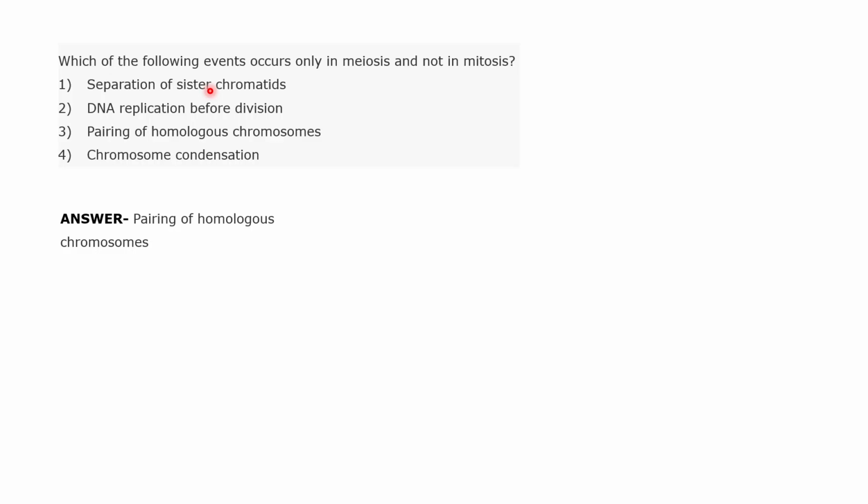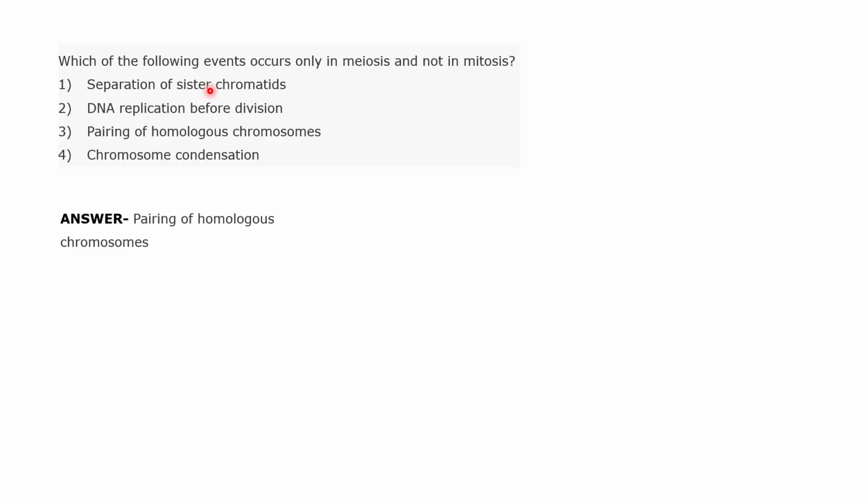At which stage of mitosis does separation of sister chromatids take place? Okay, it takes place in the anaphase, right?